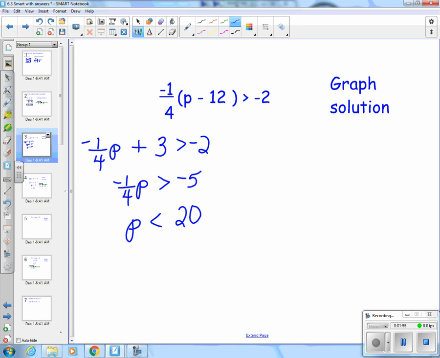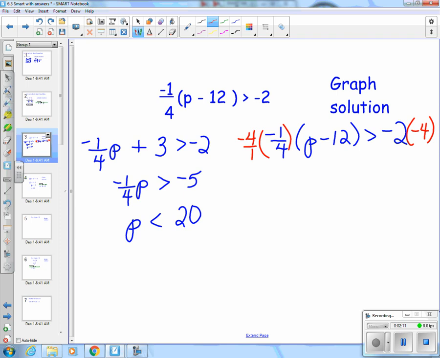Now we should have the same answer here as if I would take p minus 12 multiplied by that negative 1/4 and multiplied by the reciprocal on both sides. And multiplying by that reciprocal on both sides will cause us to have p minus 12.